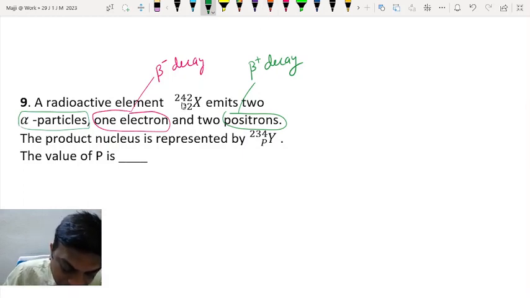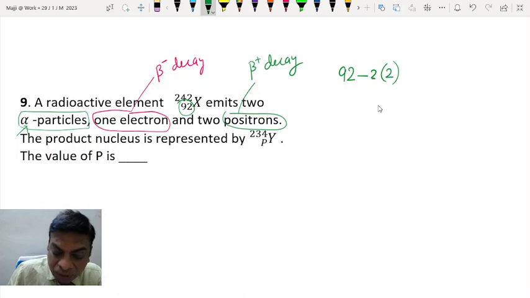So coming to this, the atomic number of parent nucleus is 92. Now at the end of 2 alpha particles decay, the atomic number will reduce by 2 into 2, because remember alpha particle is nothing but helium nucleus. So corresponding to the ejection of each alpha particle, the atomic number will reduce by 2. So two alpha particles are there, so 2 into 2.